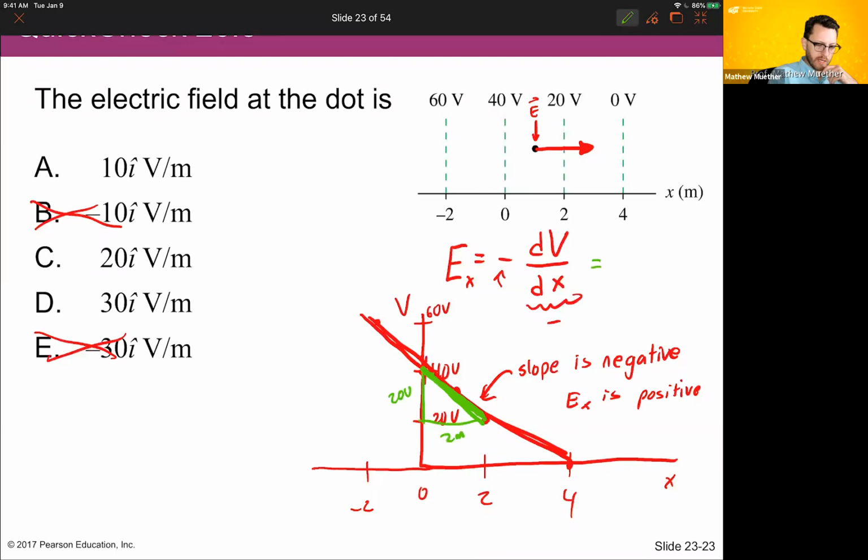So the electric field is going to be my delta V over my delta X. This is going to be minus 20 volts divided by 2 meters. Those units are going to cancel, and I'm going to get 10 volts per meter.